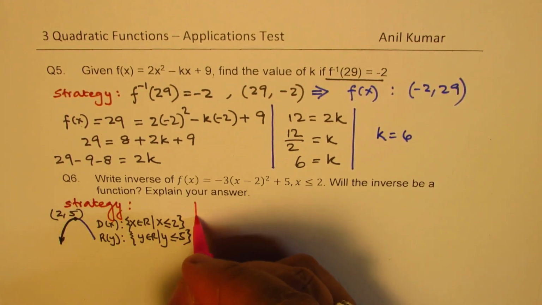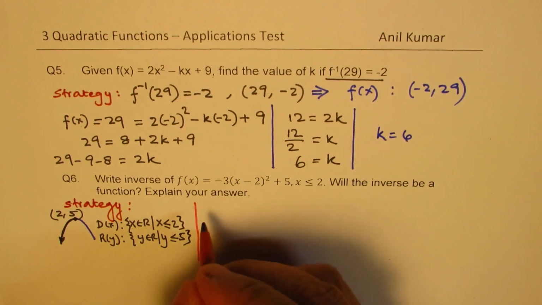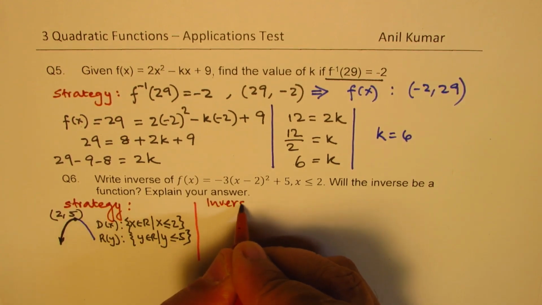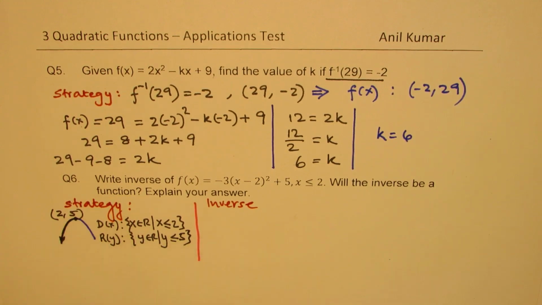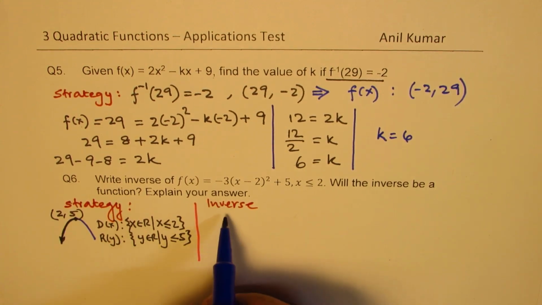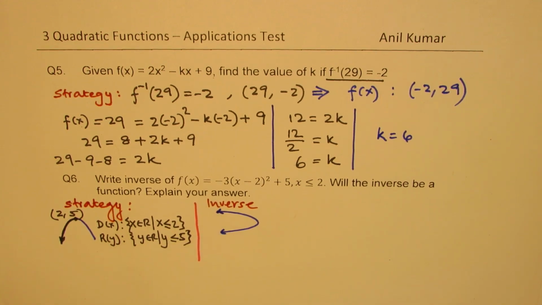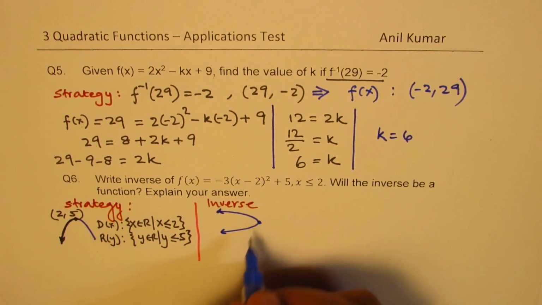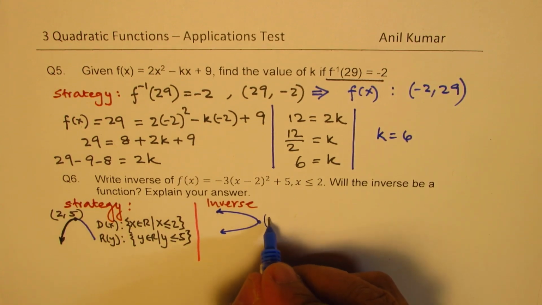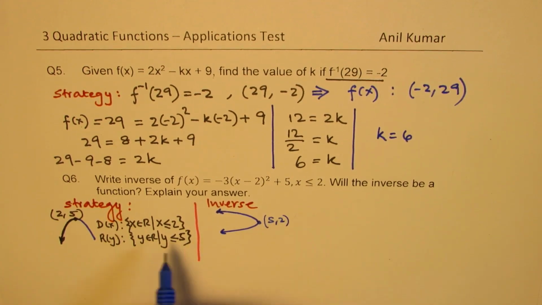Now, when we are looking into the inverse, if it is opening downwards, the inverse will open on the left side. The point here will be the same vertex, but (5, 2). Is it okay? And this domain and range swap, correct?